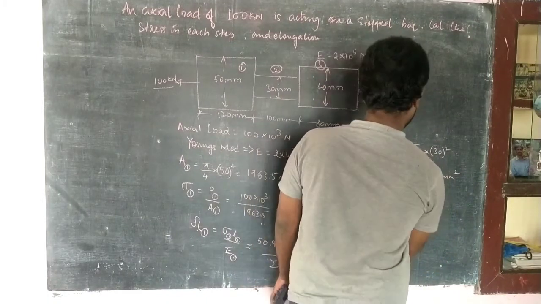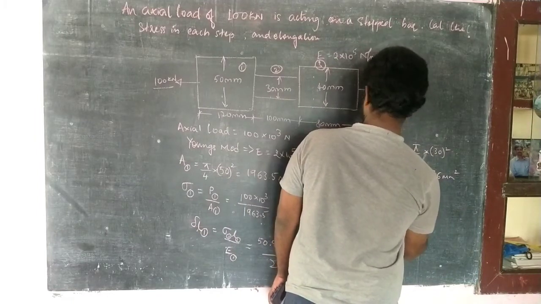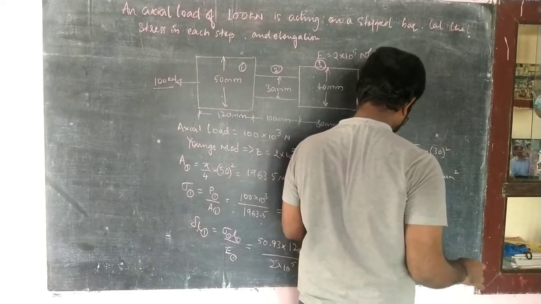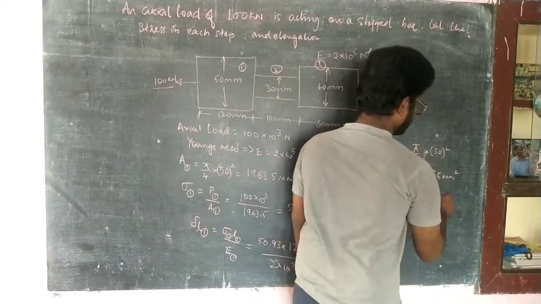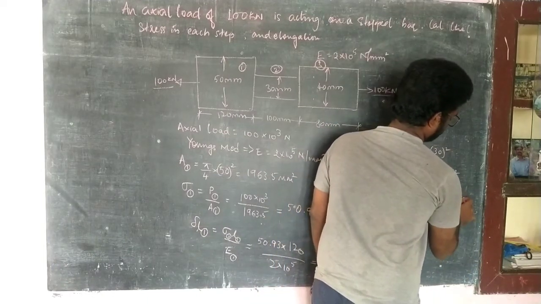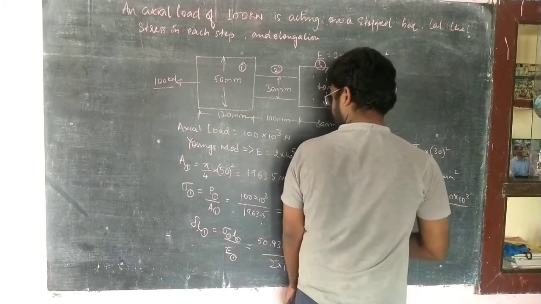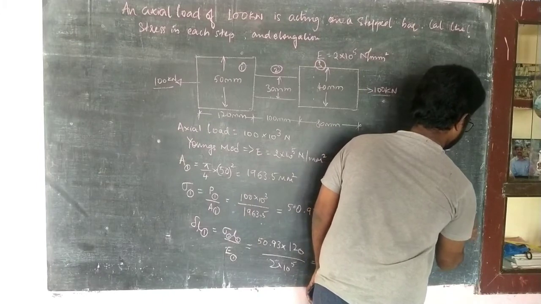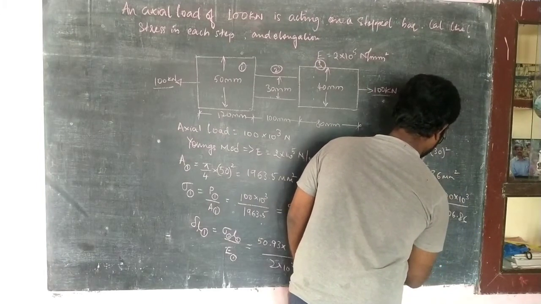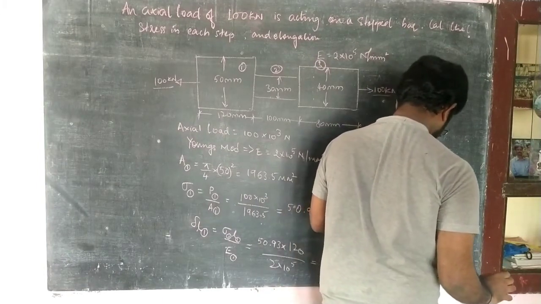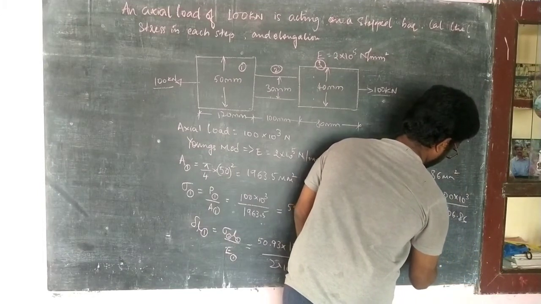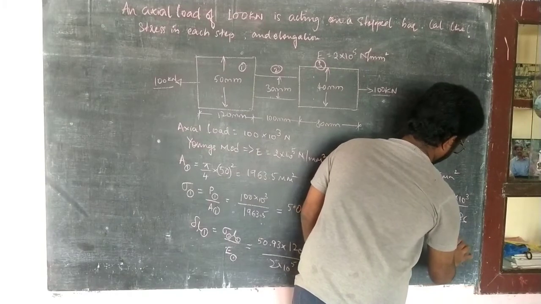Now similarly we have to calculate sigma 2. Sigma 2 is equal to P2 by A2. What is P2 here? Same 100 kilonewton, 100 into 10 power 3 divided by A2, which we have already got, 706.86. So sigma 2 is equal to 141.47 Newton per mm square.